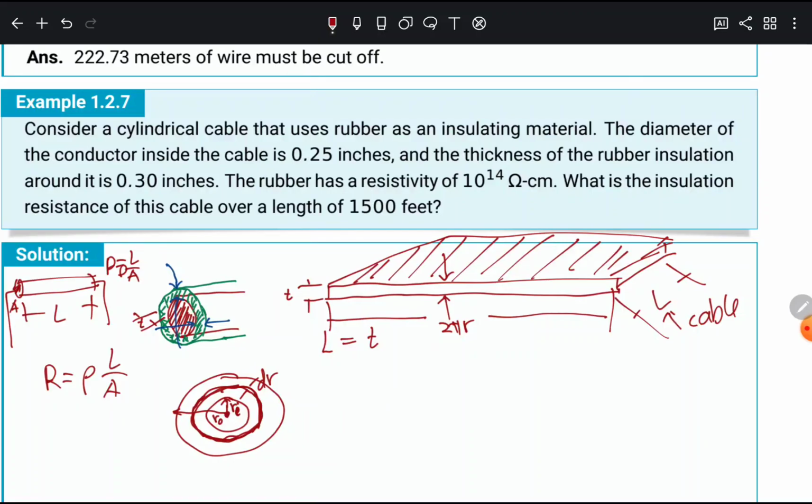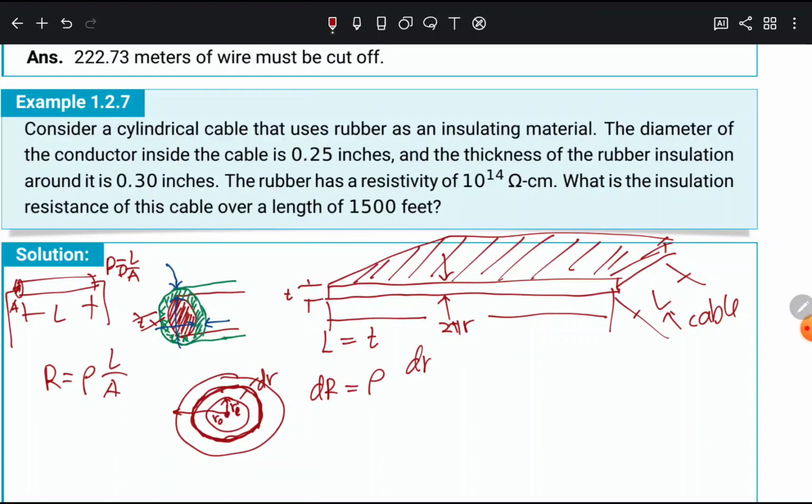Dr, then the resistance of that will also be an infinitesimal resistance dr. And we did this in the last derivation, and if we do that, that resistance will be equal to rho. Then our length will be that dr, because it's changing from ro to ri.